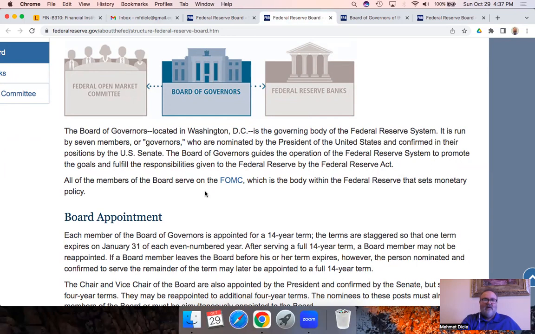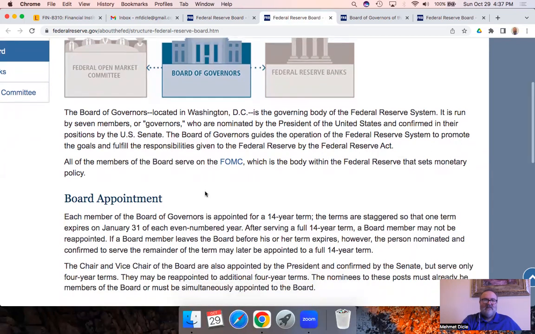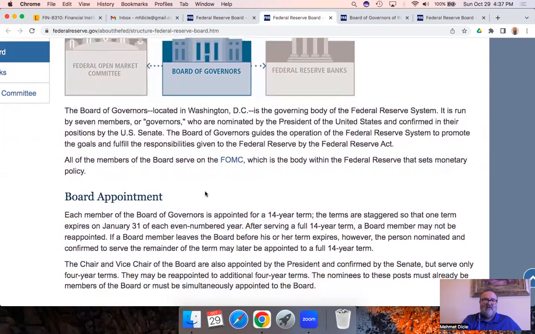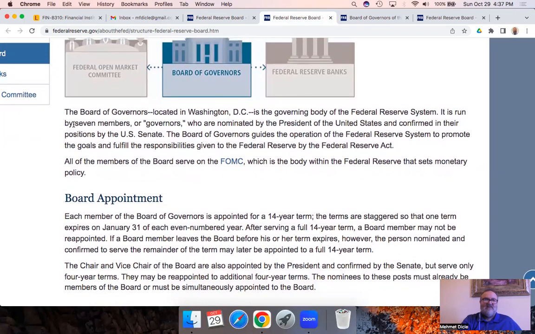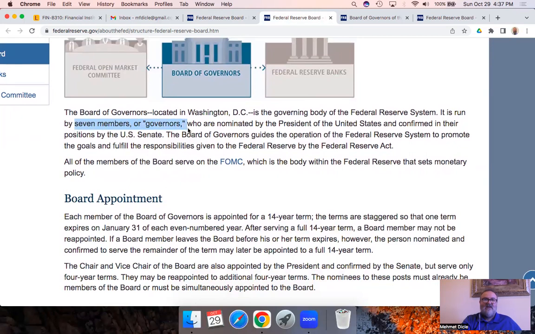So there are seven members, or governors, within the Board of Governors. Each one is selected for a 14-year term. Usually, the nomination is done by the President of the United States, and they need to be confirmed by the U.S. Senate.